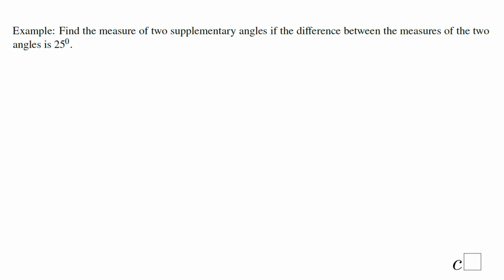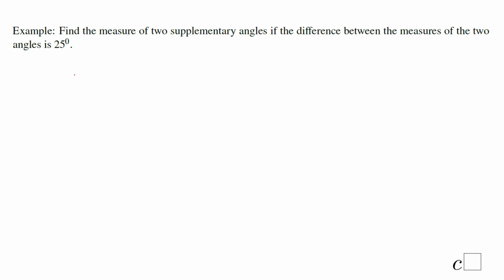Find the measure of the two supplementary angles, if the difference between the measures of the two angles is 25 degrees.